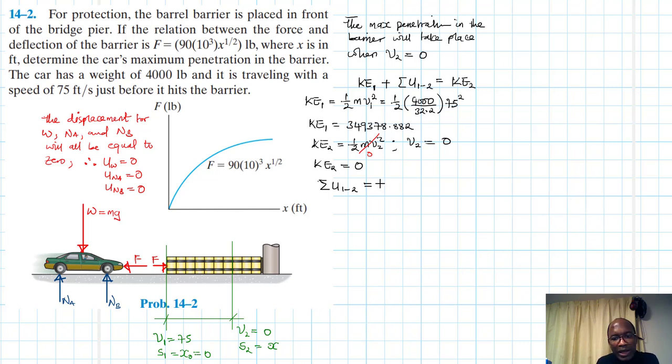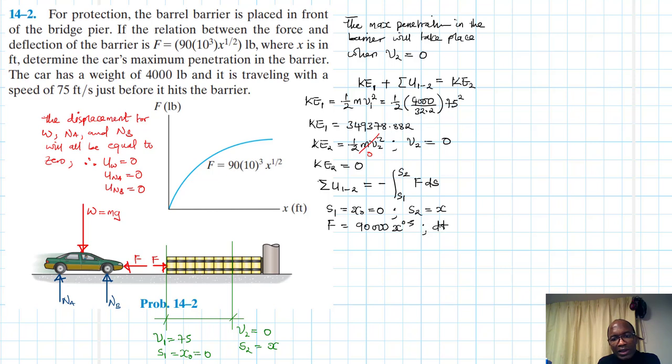Alright, so here I'll say minus the integral from S1 to S2 of F ds. And our S1 is just equal to S0, which is equal to 0. Our S2 is just equal to x. Our F is already given to us, it is 90,000 x to the power 0.5.